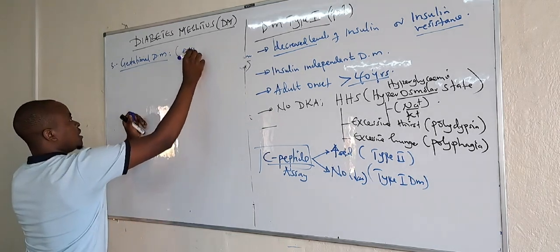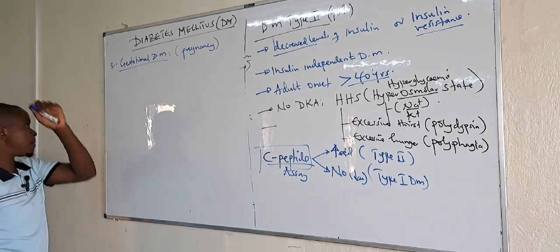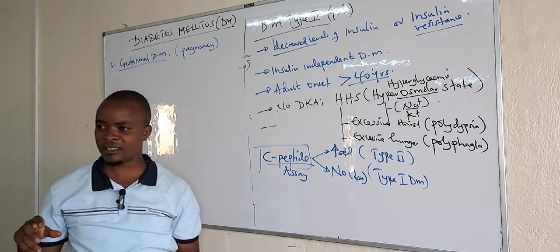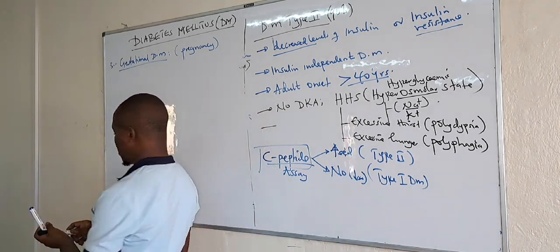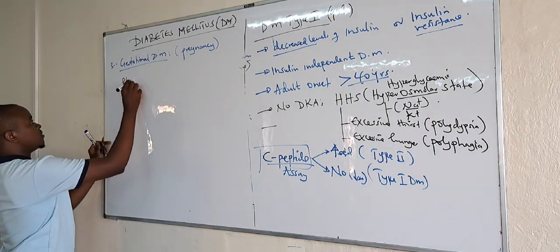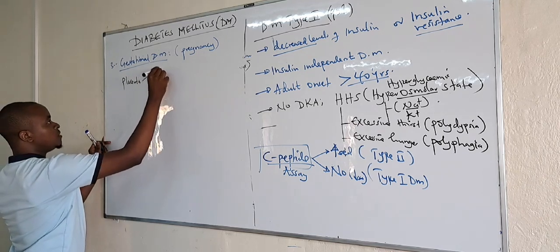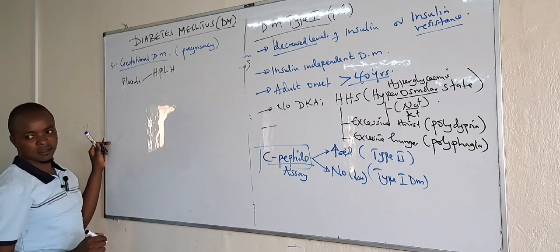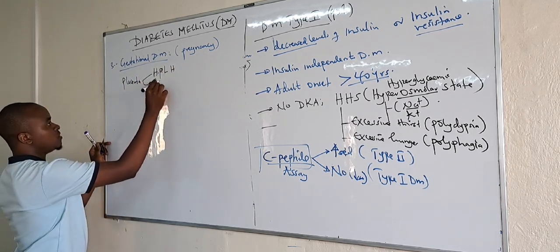It is restricted to pregnancy, whereby you will remember that during pregnancy there is a placenta, isn't it? And this placenta produces what we call human placental lactogen hormone. And still during pregnancy, we see much production of estrogen.